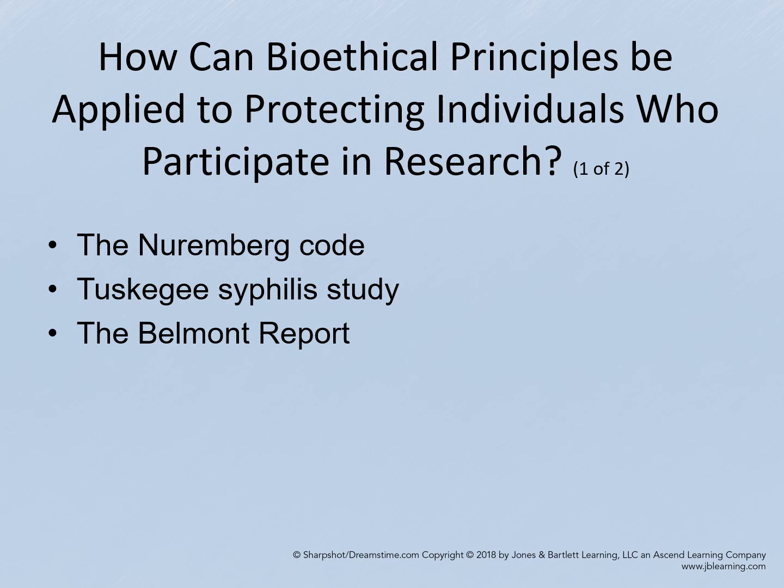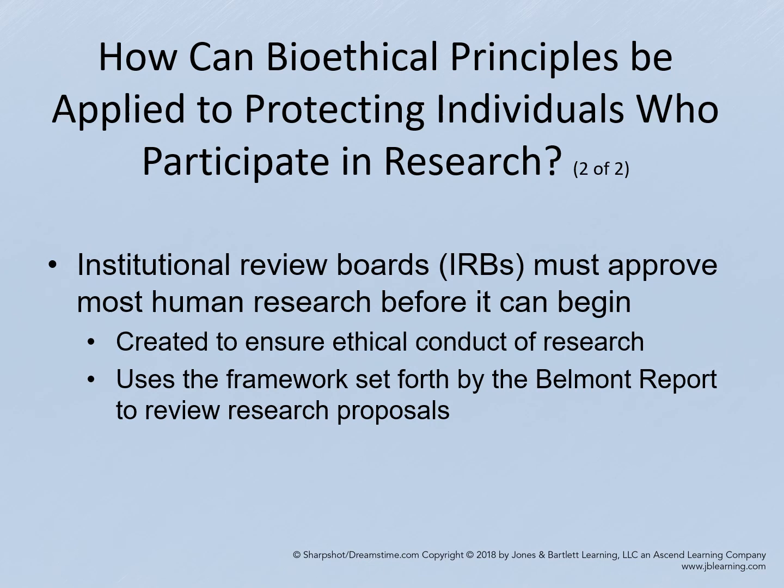So now we have institutional review boards. These institutional review boards help us review research proposals, and they look at the informed consent and how we select the samples for our research studies. The institutional review boards now must approve most human research. They ensure that there is ethical conduct of the research.